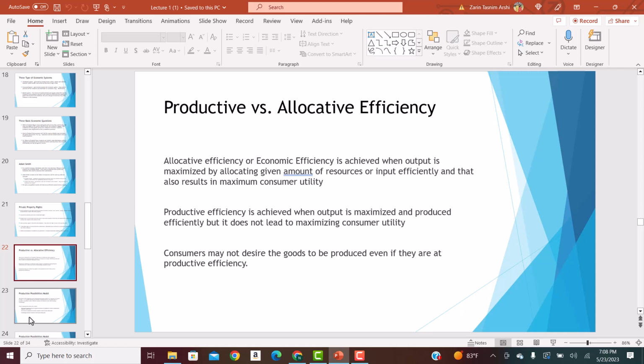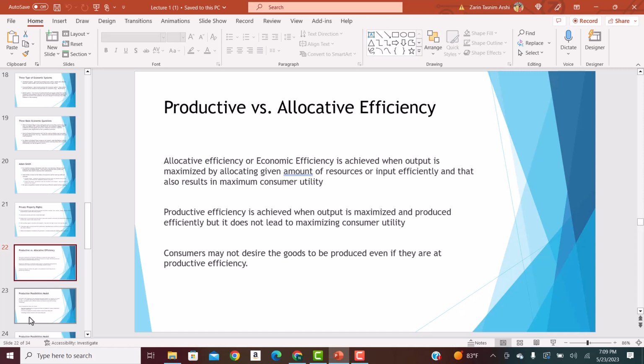We're also going to talk about productive versus allocative efficiency. I know we talked a little bit about efficiency, but we want to talk a little bit about that also. So what is allocative efficiency? Allocative efficiency is also known as economic efficiency, so they can be used interchangeably.